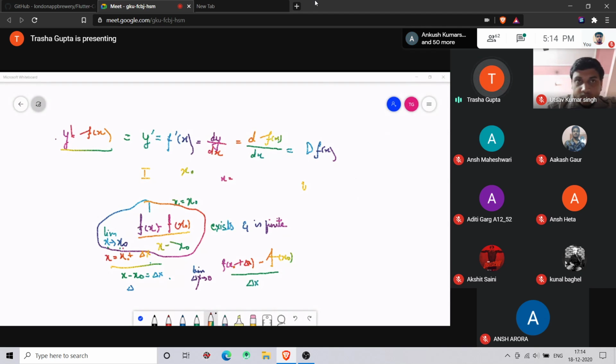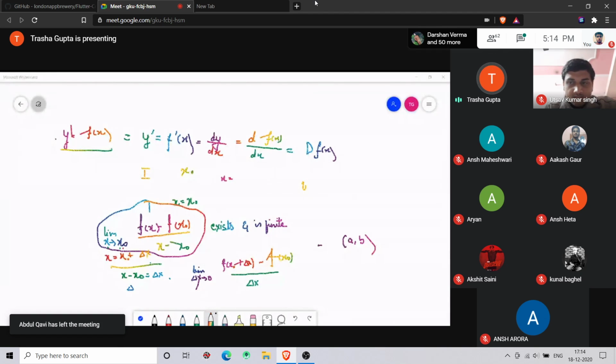So I'm just making a statement that if f(x) is said to be differentiable in the interval (a, b), if I say that a function is differentiable in the interval (a, b), then it is differentiable in the interval (a, b) if and only if f(x) is differentiable at every point of the interval (a, b). Okay?